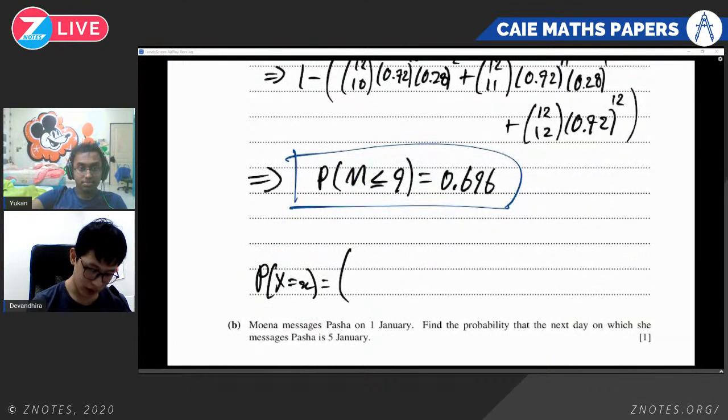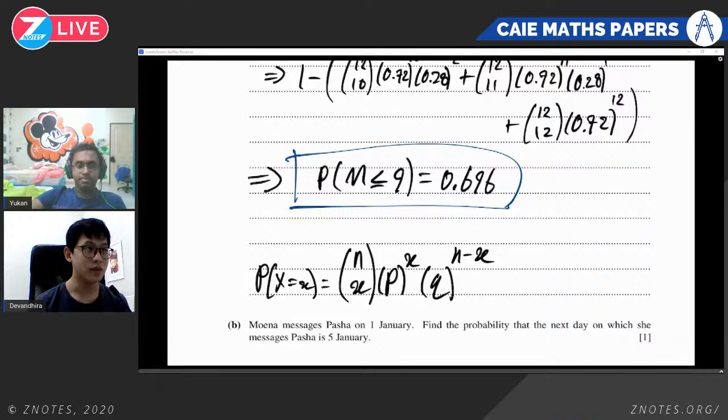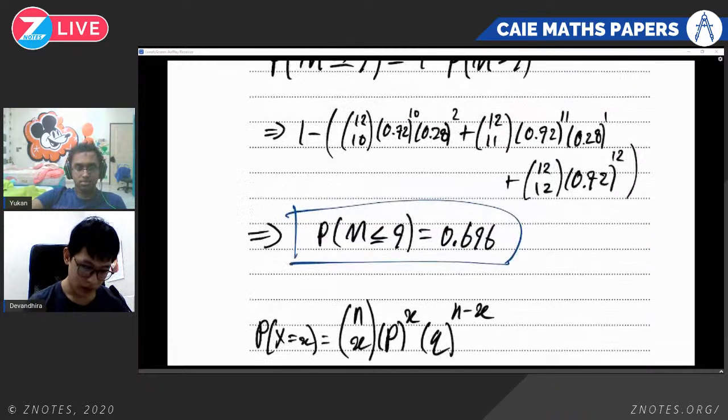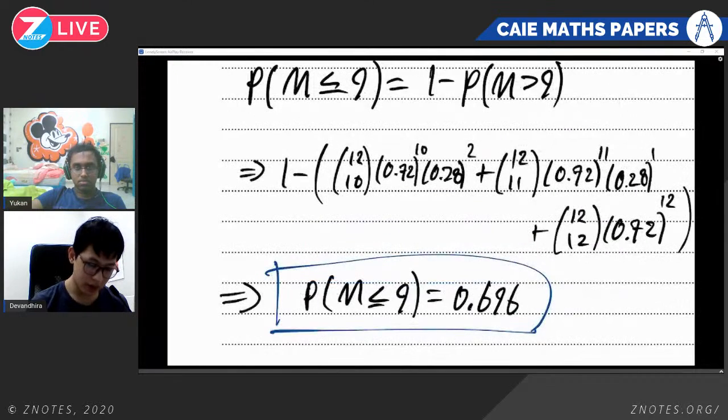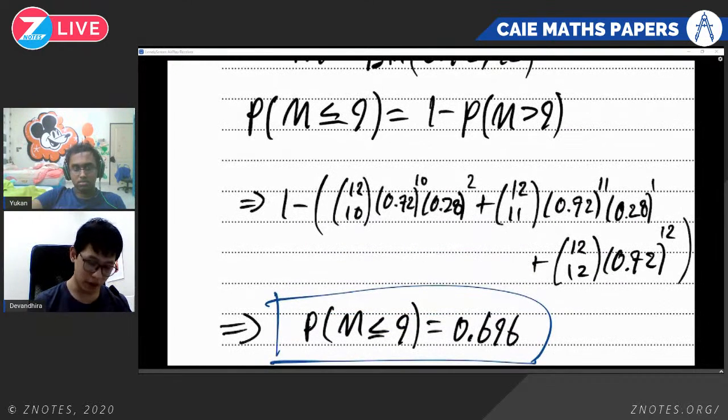That means the number of samples, choose x, multiplied by the success to the power of x, and multiplied by the failure to the power of n minus x, correct?